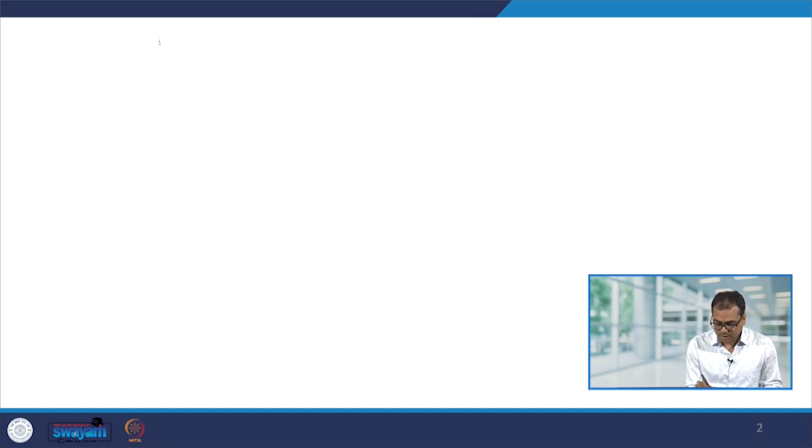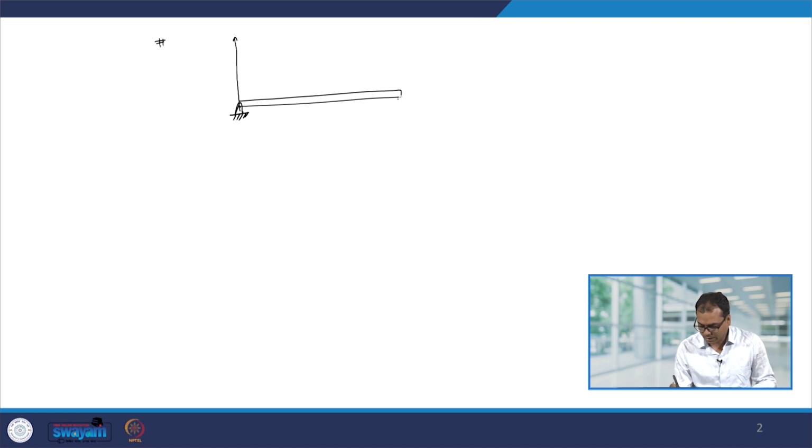So, the situation is the following. Suppose I have a beam, and let us say on this end we have a pin joint and over here we have some roller support. Let us say this is the x axis and this one is the y axis, and this beam is under some distributed load. So, let us say the load is like this.